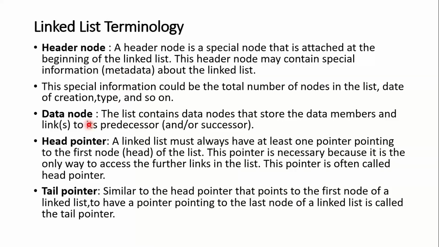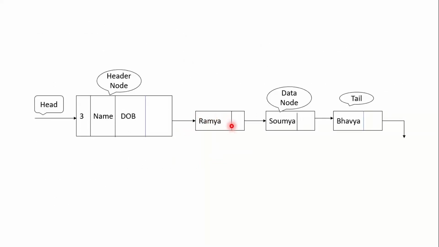Next, data node. The list contains data nodes that store the data members and links to the predecessor or successor. See here, this node is called what? Data node. Why? Because it's storing data, and here it will store the link to the next node. Actually, some data is stored here.